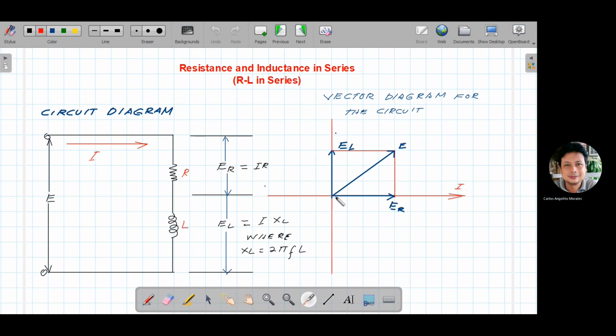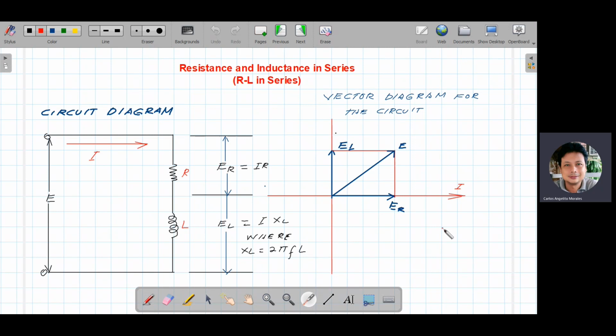Kung mapapansin mo, ito yung resistance, ito yung voltage ng resistance, ER ang tawag natin. Ito yung current axis, ito yung pinaka-current axis ninyo. Tapos, nauuna ang voltage ng inductance sa current.